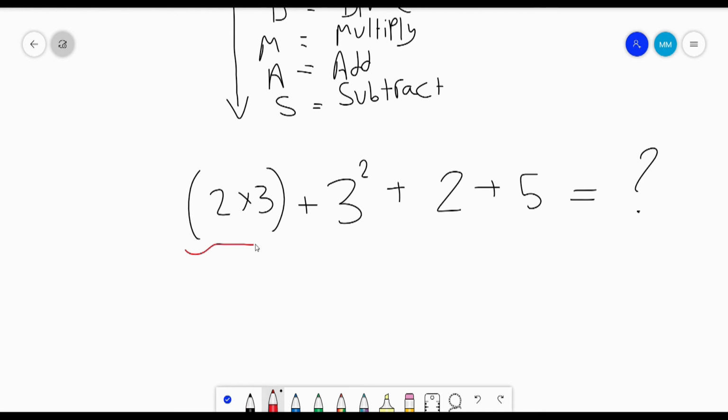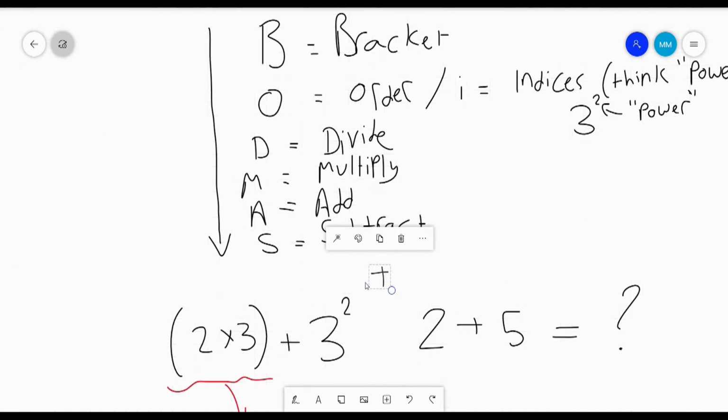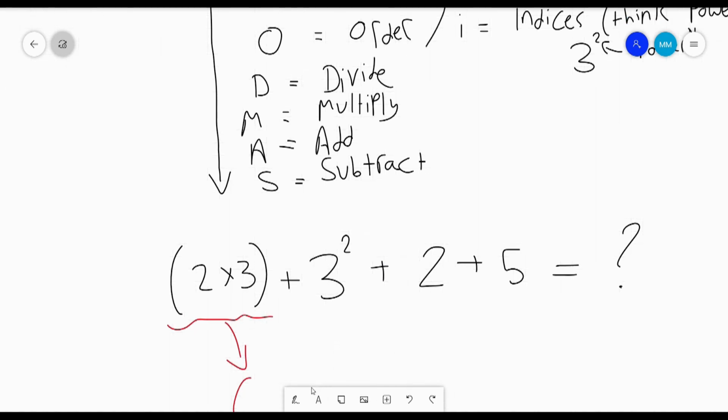So we make a mental note and we say, well, 2 times 3 is 6. So let's put the 6 down here. And let's go back to the top. You know what? Actually, let's make this a bit more interesting. Let's move that 2 and put it over here. I'll explain why in a moment.